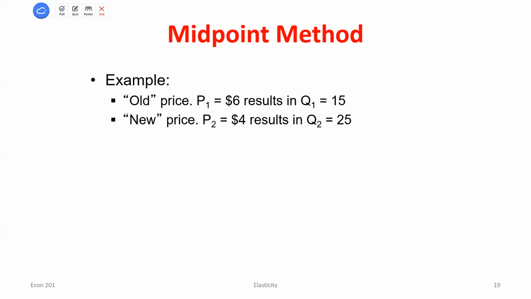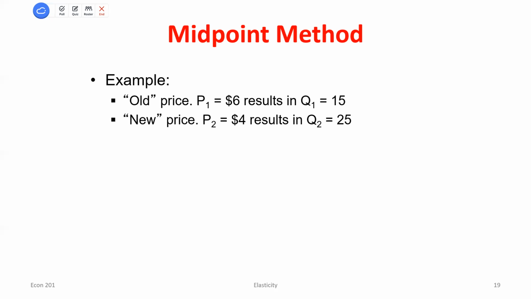What was our new and old price? Well, our new price was 4 minus 6, divided by the average of those two values. Once again, I can add them up and divide by 2, or think about the average between 4 and 6, which is just 5. Now notice what's going to be true about the percentage change.